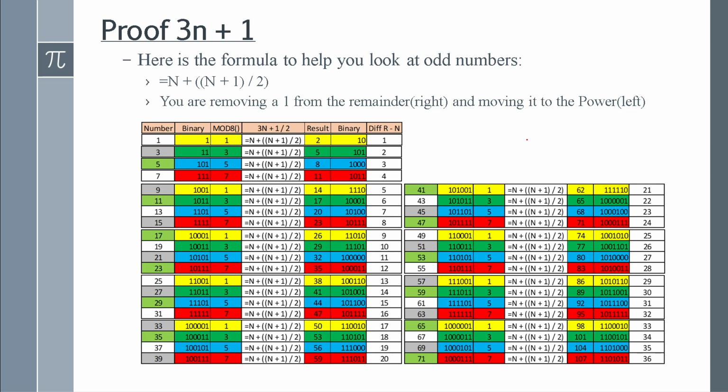So you can take any number and find it by taking an odd number and multiplying it by 3, add 1, divide by 2, and you can find any number from 1 to infinity.